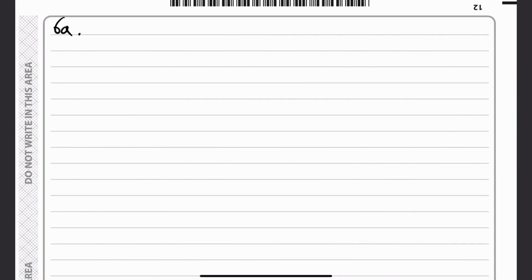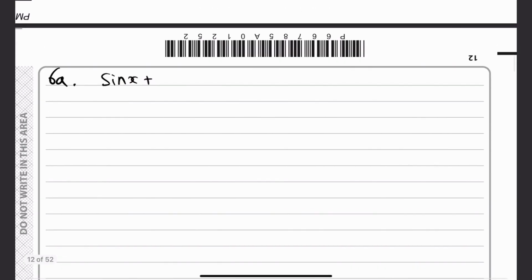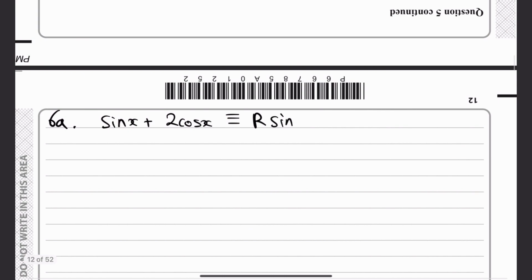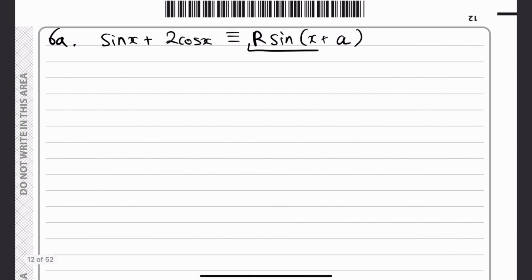6a. So sine of x plus 2 cos of x is identical to r sine of x plus alpha. Okay, now I'm pretty sure what we can do here is we can just expand this out.